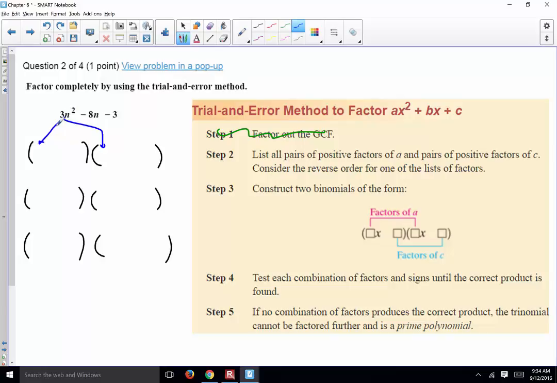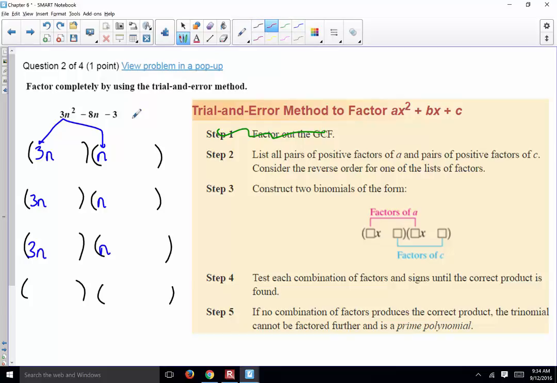How many different factors of 3 do you have? Only 2, 3 and 1, correct? So this is 3n and 1n all the time. These are all kind of easy questions in that sense. And if you need more, make more room for them.